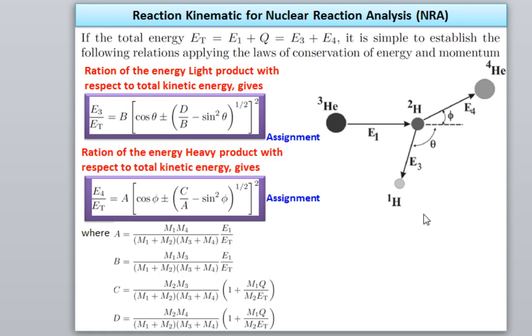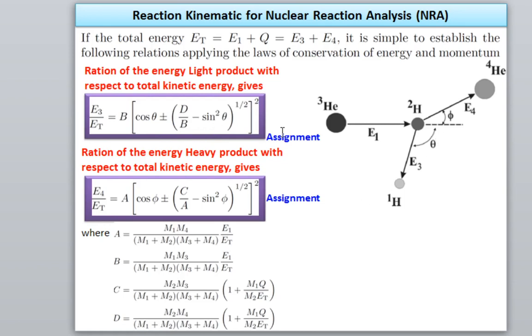If you take the ratio of the lightest, meaning the emitted particle, which has energy E3, to the total energy ET, then E3 upon ET is equal to the square of B in brackets, that is cos theta plus or minus the square root of D upon B minus sin square theta. You see, this is a function of theta, the scattering angle.